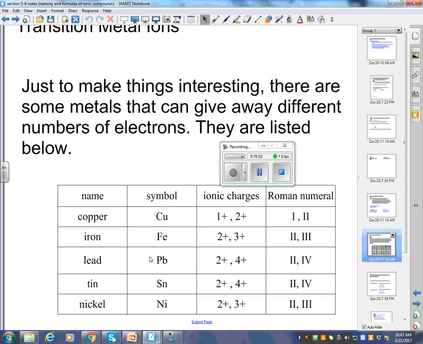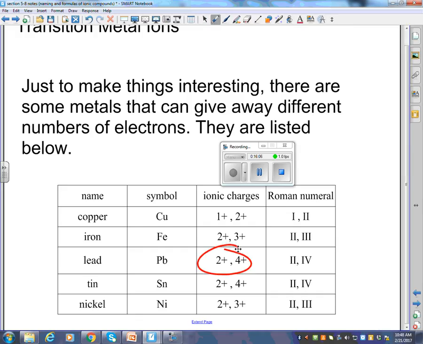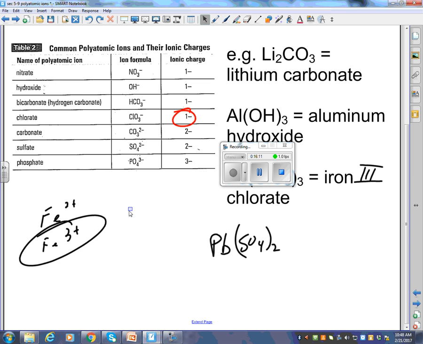Okay, so lead is a 2 or a 4, right? Those are the possibilities. I think it's a 2. Okay, so I'm just going to write Pb is a 2 or a 4. Now, SO4 is a 2 negative, but how many SO4s do I have? 2 of them.